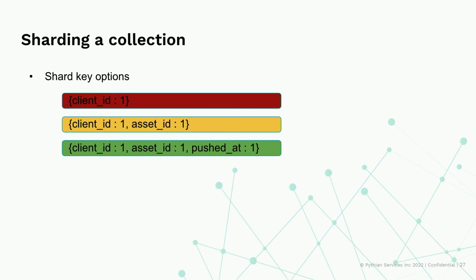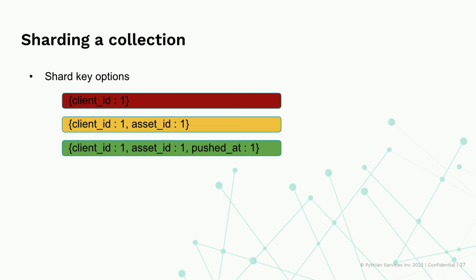As an option, this shard key will have relatively high cardinality, but very high frequency, because every client will have hundreds to thousands of assets, and every asset will generate hundreds to thousands of documents every single day, which makes it not an efficient shard key to have.